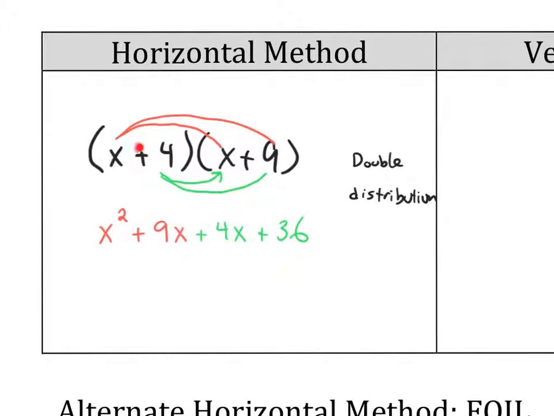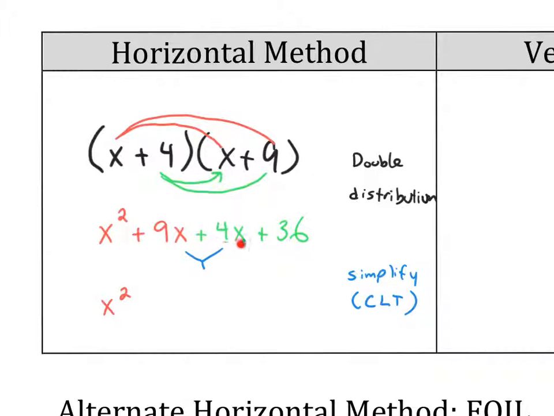Each term in this binomial gets distributed to each term in this binomial. And the same thing would hold true if this were a binomial and this were a trinomial. Now, the last thing, of course, is that we want to simplify by combining like terms. Simplify, and I'm going to say combine like terms as a CLT just to make it a little faster. Notice that these two are the only like terms that we see there. So the x squared comes down.